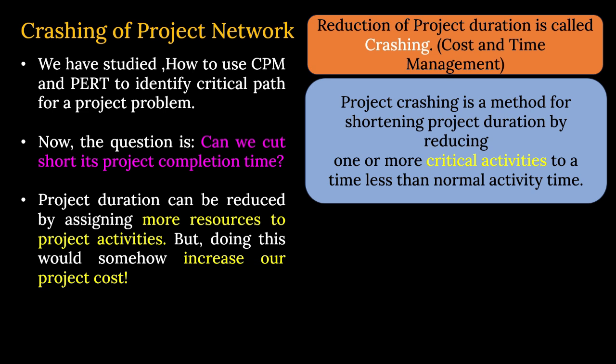So if you reduce a number of days there, it is not going to reflect in your total project duration. It will be reflected only when you are crashing the activities on the critical path. You got my point. Any crashing should be done on the critical activities only, not on the non-critical activities. That is for sure.